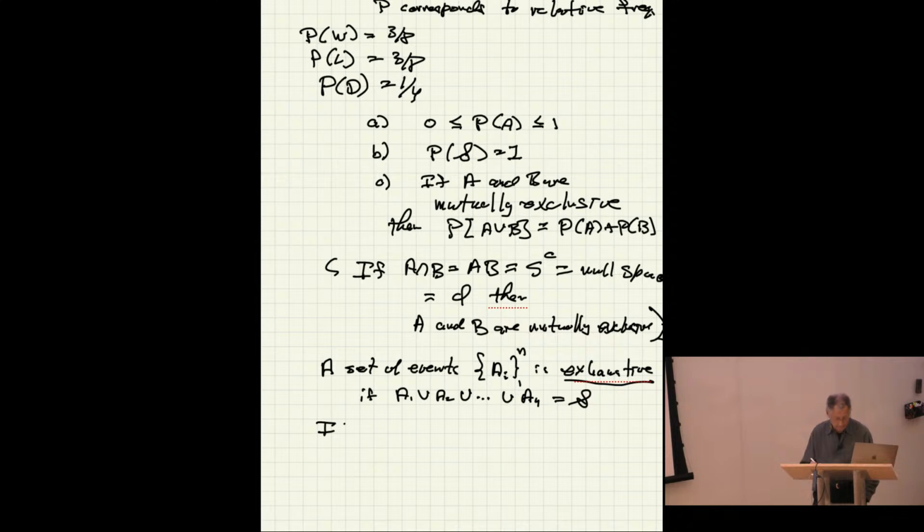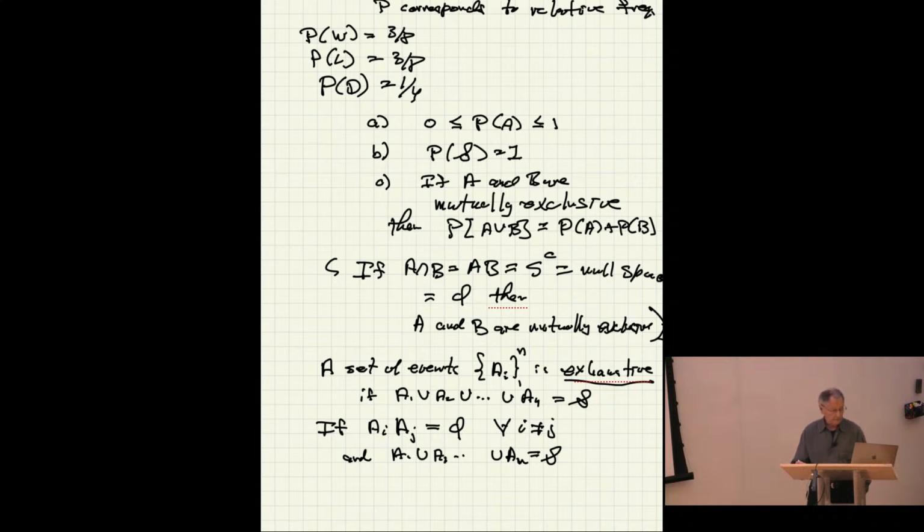Now, if A_i intersected with A_j, and I'm using the shorthand notation now that you asked about, instead of the intersect symbol, is equal to the null space for all i not equal to j, and A1 union A2 union A_n is equal to the sample space, namely they complete, then this set is mutually exclusive and exhaustive.